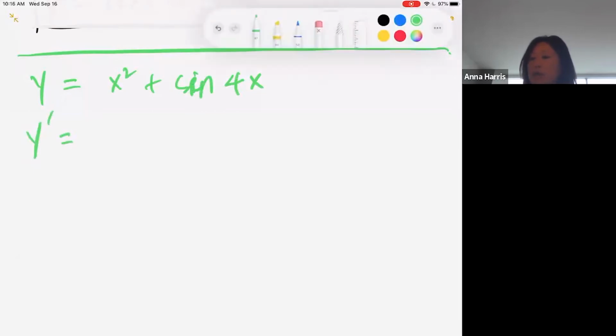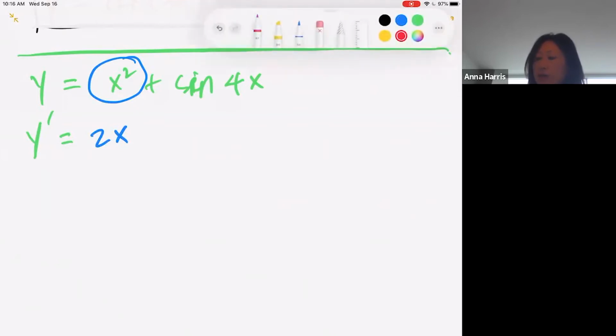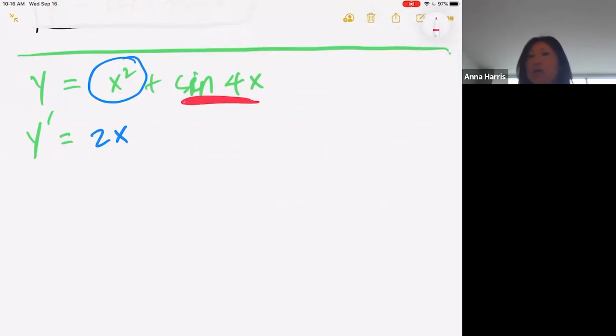So this part, you know exactly what to do. What's the derivative of x squared? Simply 2x. Now let's look at this part. Sine. What is the derivative of a sine? Oh, I know the derivative of sine is cosine.